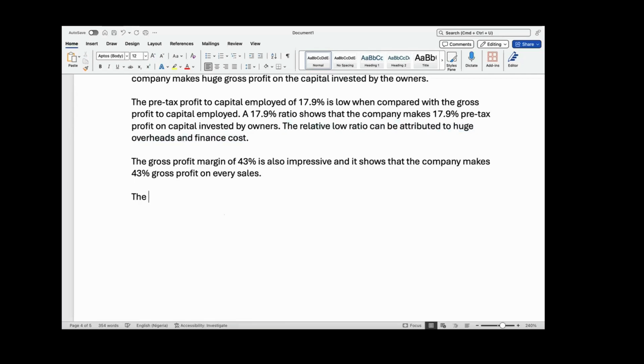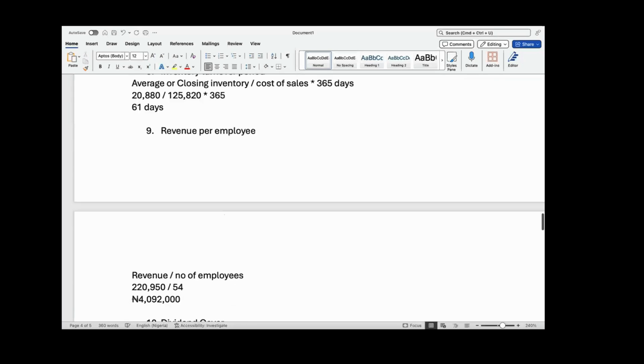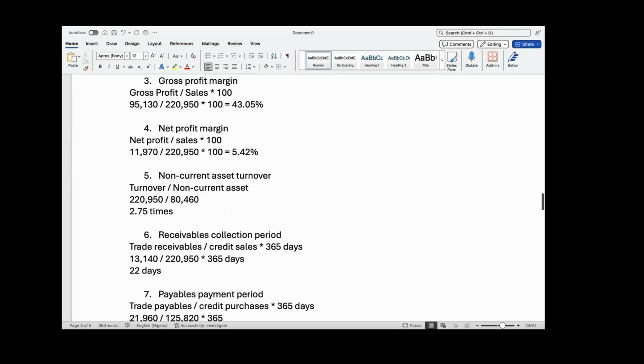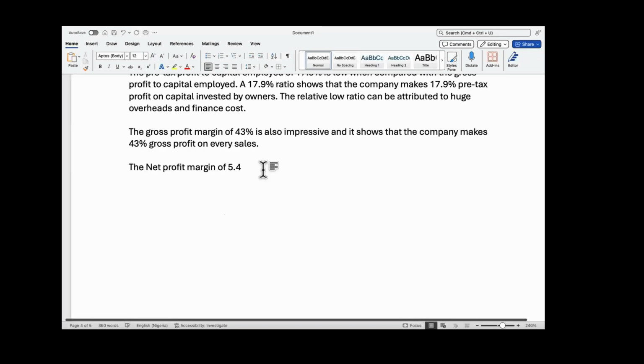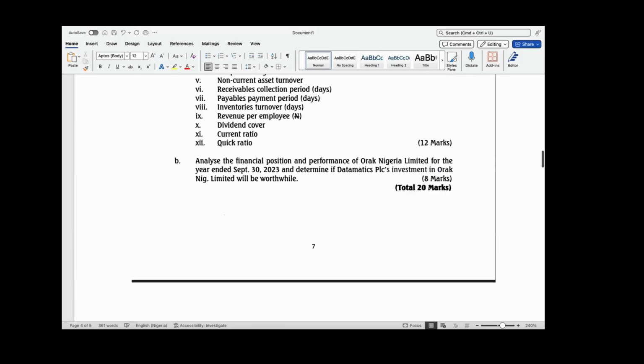The same thing applies to the net profit margin of, I think, 5.4% or thereabouts. Let's see. Yeah, 5.4% is, I think they gave us something with tax margin.